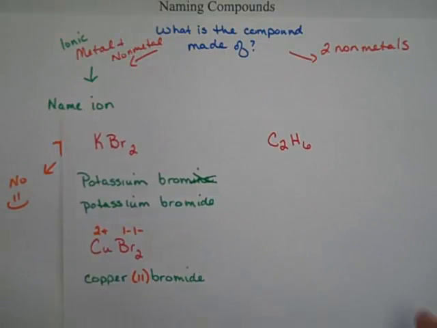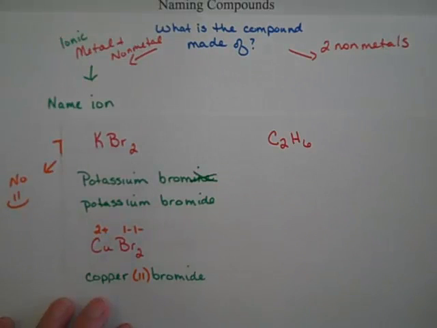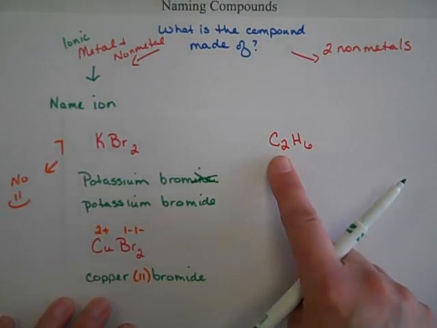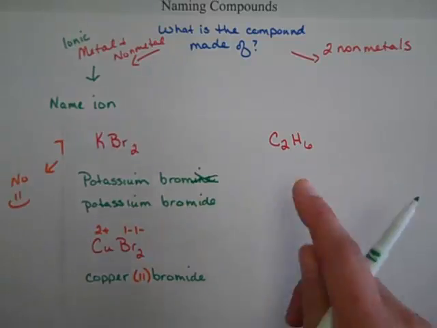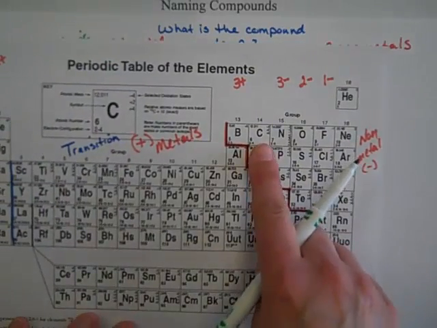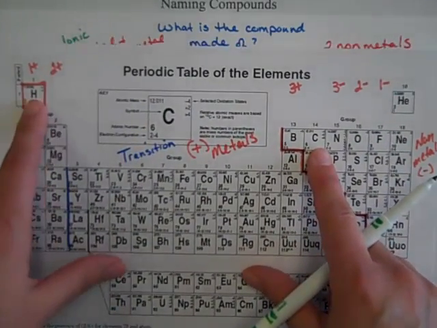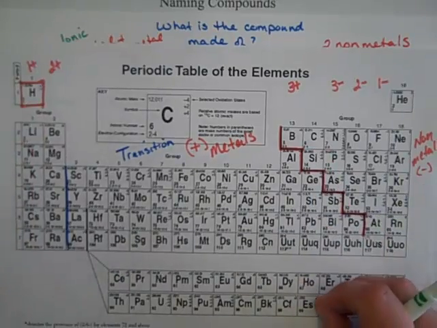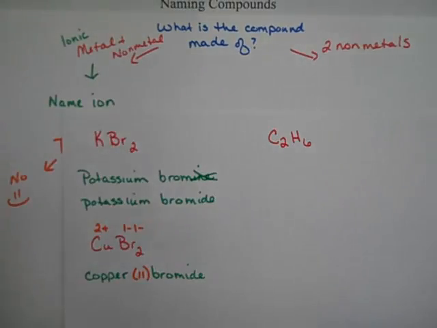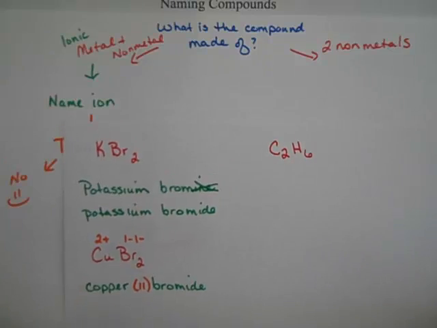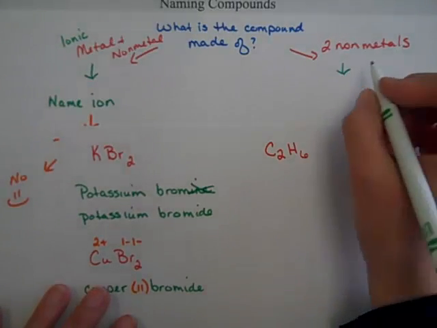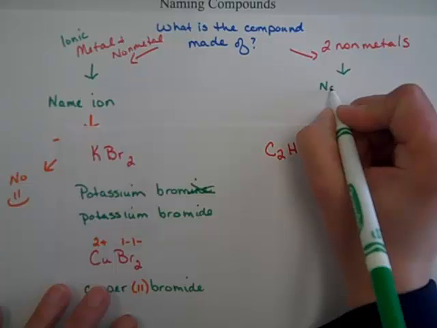Now, if we look at that one, we have two nonmetals. We have carbon and we have hydrogen. Carbon is here on our periodic table, and hydrogen is, remember, this one over here, but it's still a nonmetal. So we do have two nonmetals in our compound. So the first step, we have to name each element.